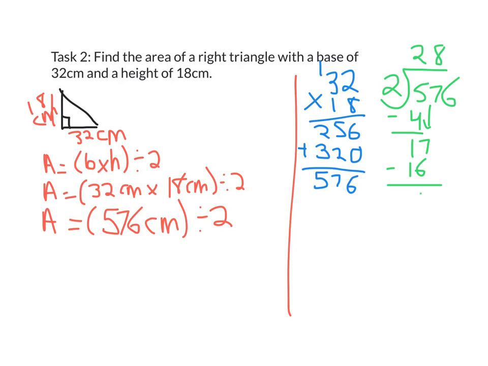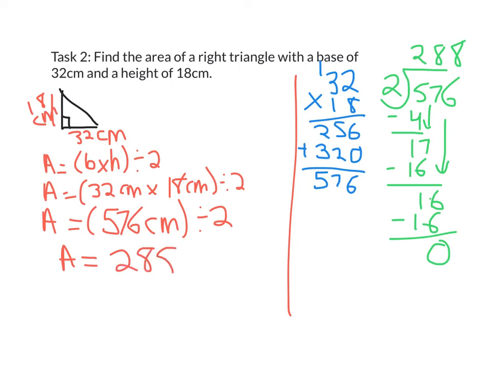And I subtract that, I get 1. Again, I carry down my 6. So I have 16. So 2 can go into 16 8 times. And then 8 times 2 is 16, so I subtract that. And then I get 0. So my number comes to 288. So I can go ahead and put that in. So area, when I divide that together, I get 288 square centimeters.